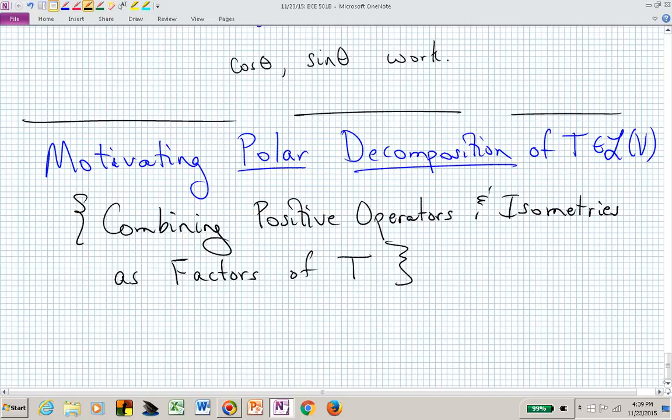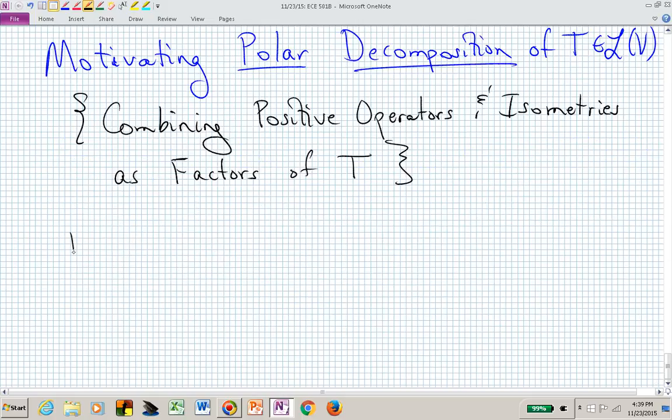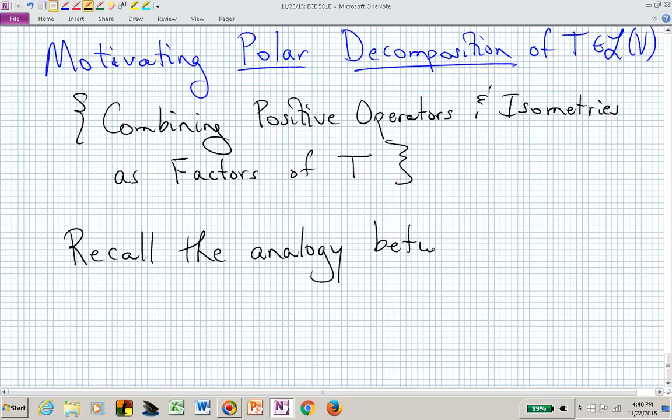And what I want you to also keep track of is recall all of these analogies that we've been trying to introduce along the way between numbers, complex and real, and what those might look like in terms of operators.